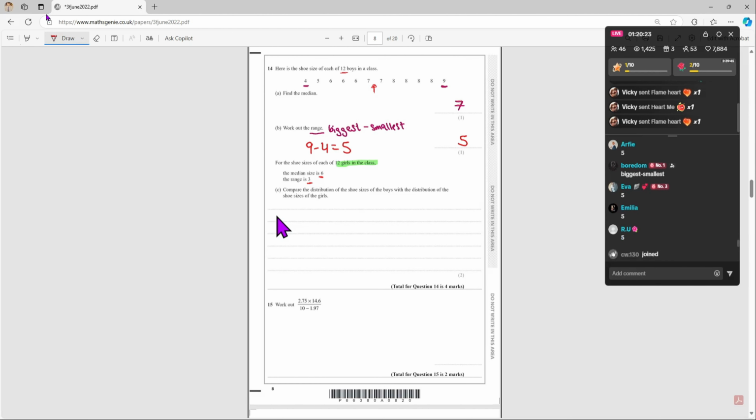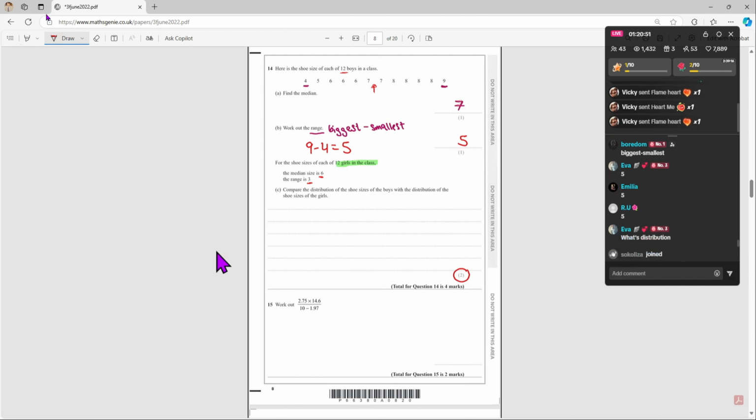When it says compare, we need to compare the median and then compare the range as well. It's like an evaluation question, or a comparing question. So you just say the median is greater for the boys than the girls or something like that, okay? I'll tell you what you need to write. It's a 2-mark question. You do not need to write a whole essay, okay? Don't write 5 paragraphs for this question, okay?